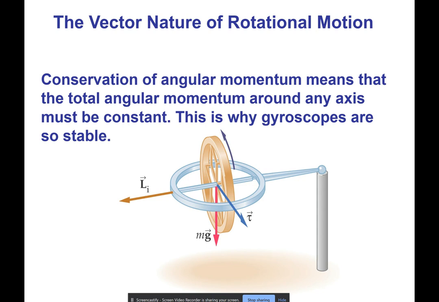You have the angular momentum going to the left, and you have your velocity and force that's making it rotate going into the screen, not counting your force of gravity pulling it down. That's why your torque would be going into the page or out of the page, because that's what your fingers would represent.